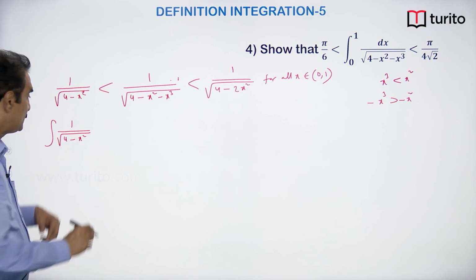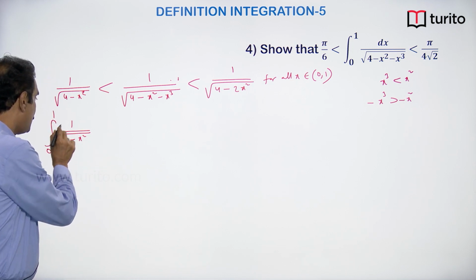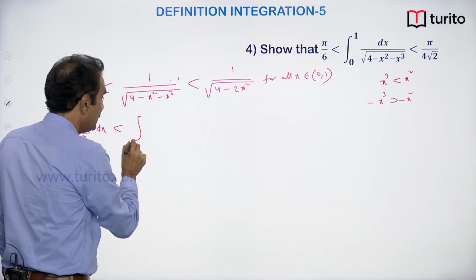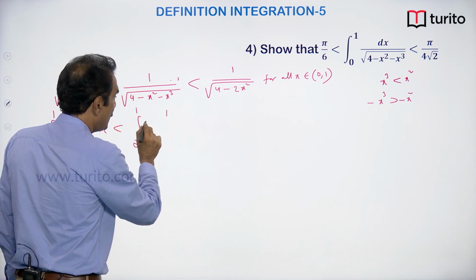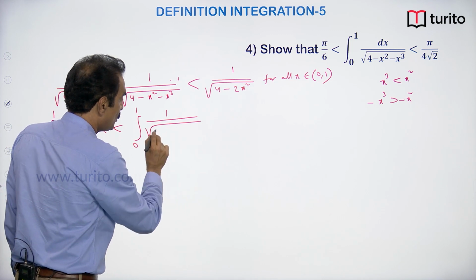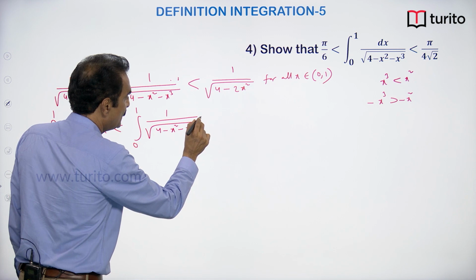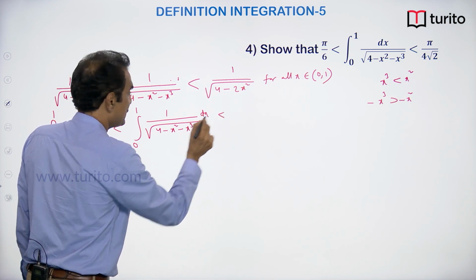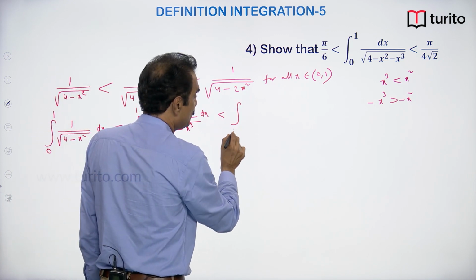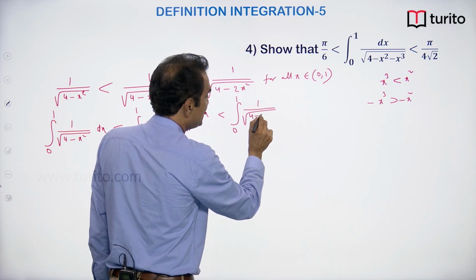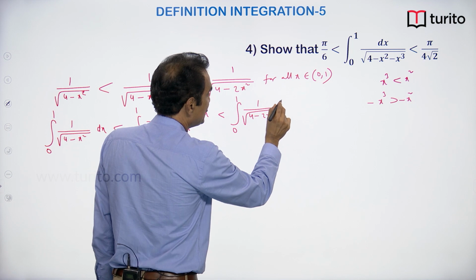Integral 0 to 1, 1 by root 4 minus x square dx is less than integral 0 to 1, 1 by root over 4 minus x square minus x cube dx, which is less than integral 0 to 1, 1 by root 4 minus 2x square dx.